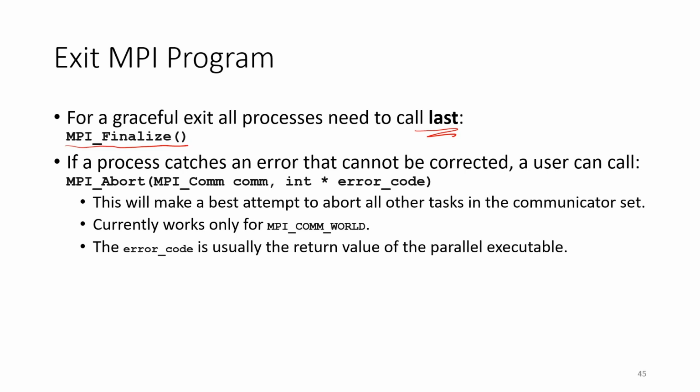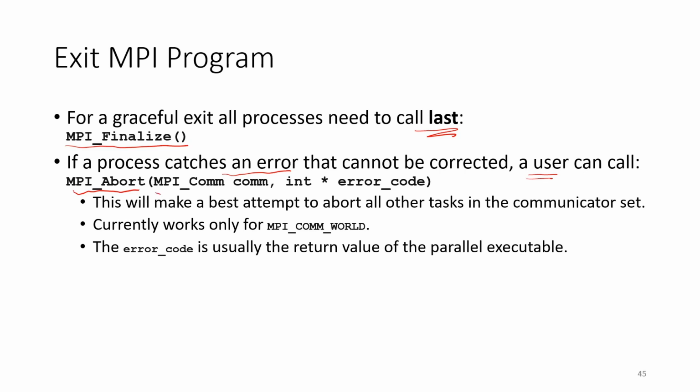But just in case you catch a certain error, and the process that has the error decides that it's useless for the other processes to continue their work, and in order to prevent the end user as soon as possible, you can write this piece of code. You can write MPI_Abort.